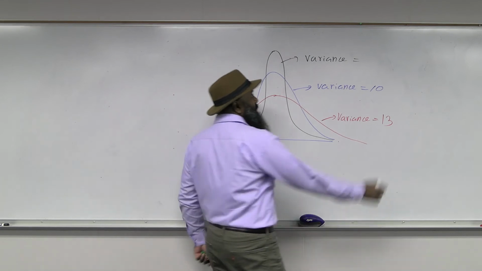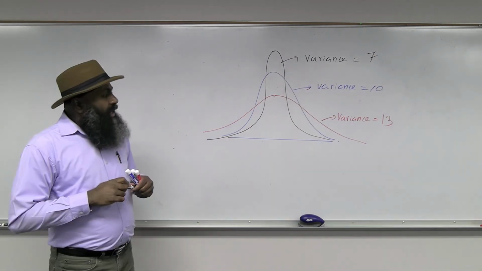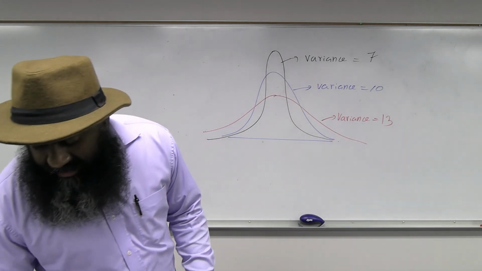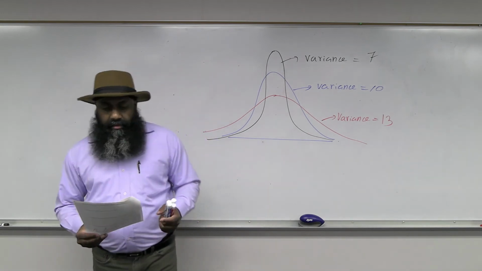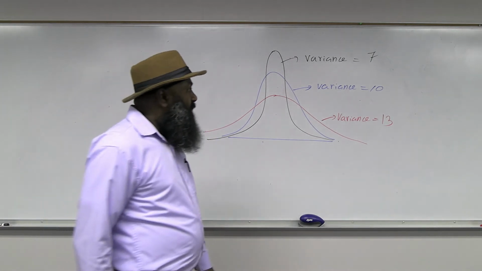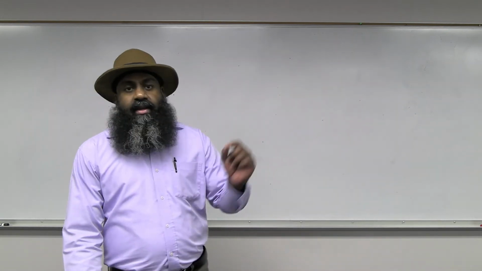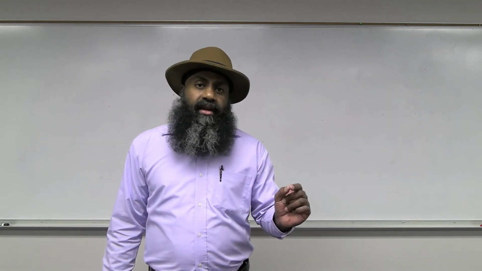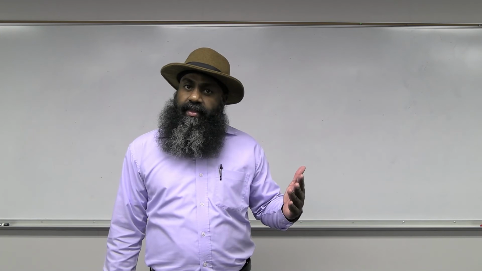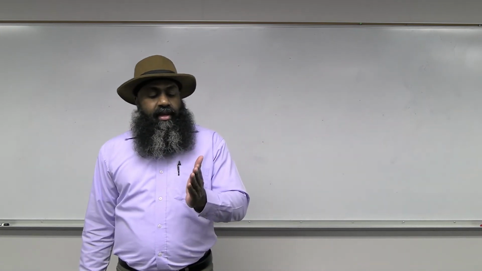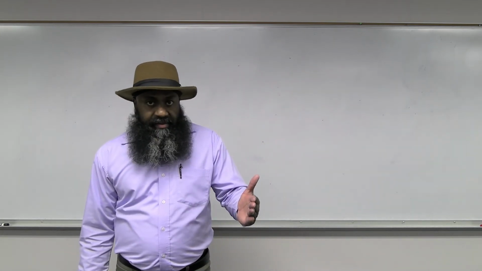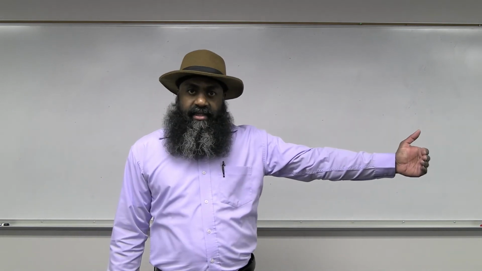So that variance may be, let's say, equal to 7. Now, a more generalized case is given in the diagram. Let's go to point number 12, checking for outliers. We said we have the mean and the median as measures of center. And we said we have variance, the standard deviation, and a couple of other things as the measures of variability.